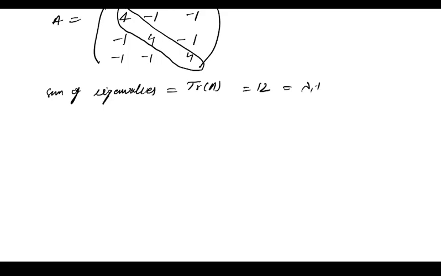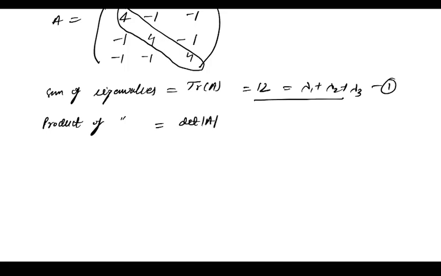Therefore lambda 1 plus lambda 2 plus lambda 3 will be 12. This is the first equation. The product of eigenvalues is the determinant of the matrix. It will come out to be 4 times (16 minus 1), plus 1 times (minus 4 minus 1), minus 1 times (1 plus 4), so 60 minus 5 minus 5, which is 50.